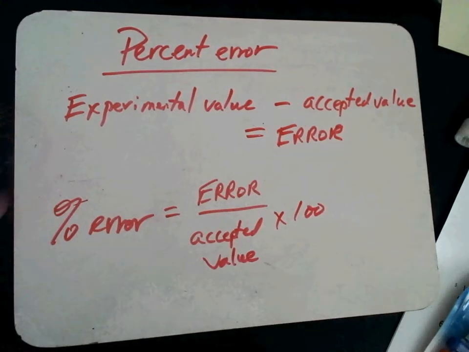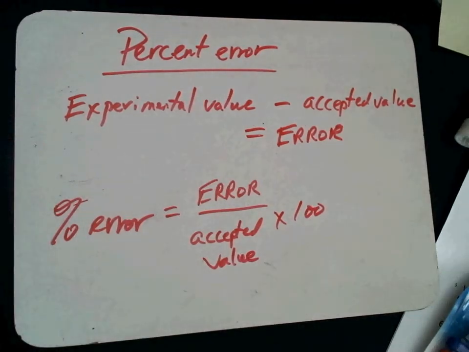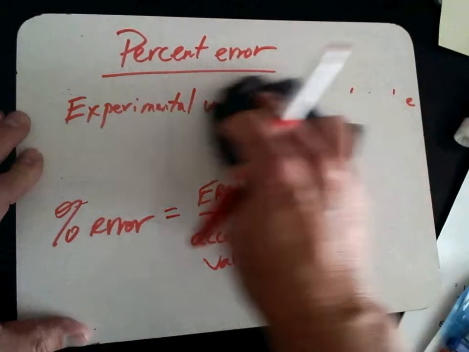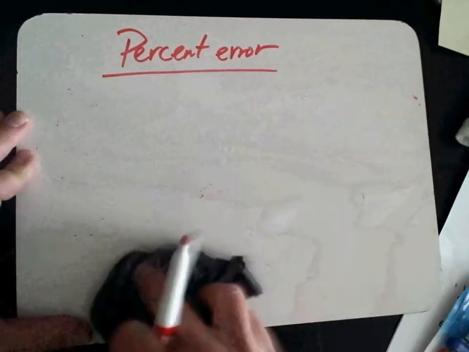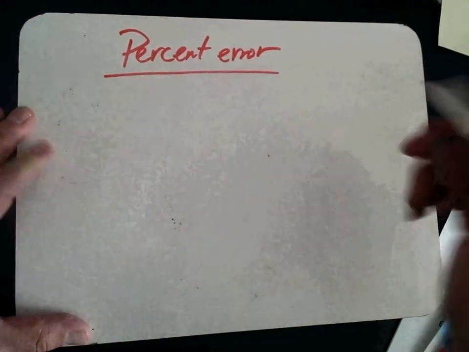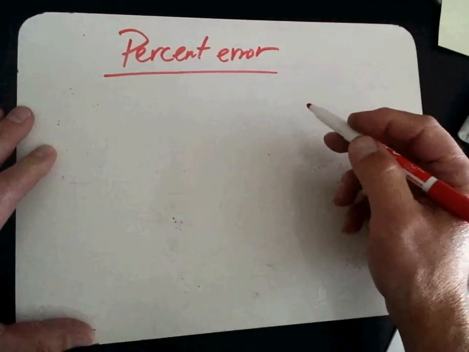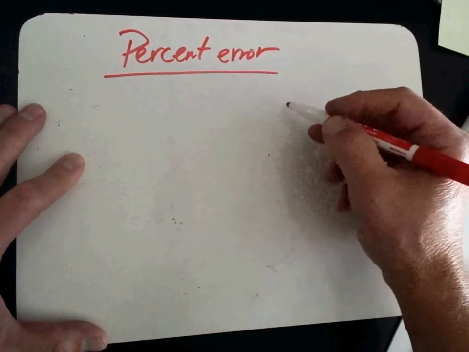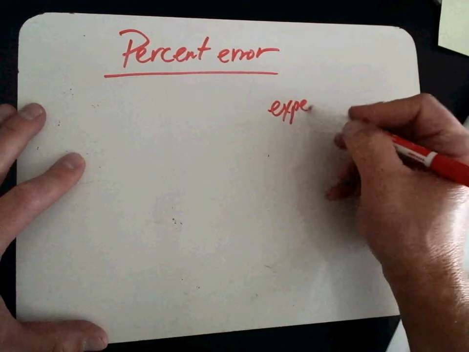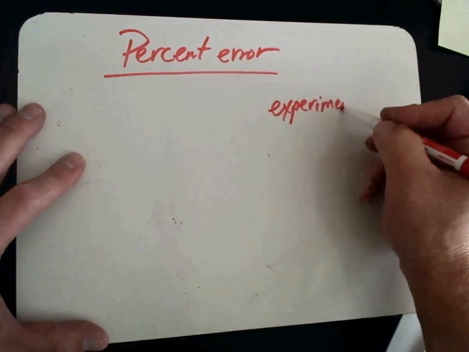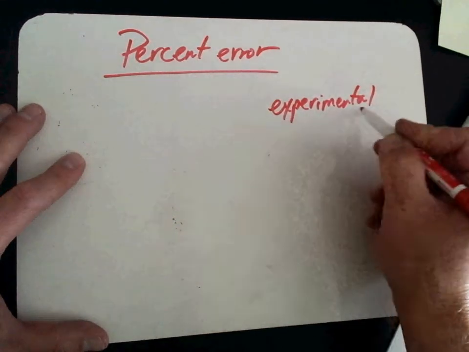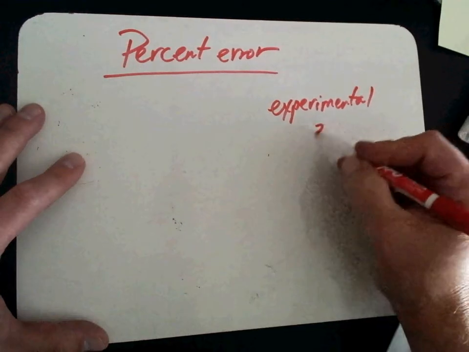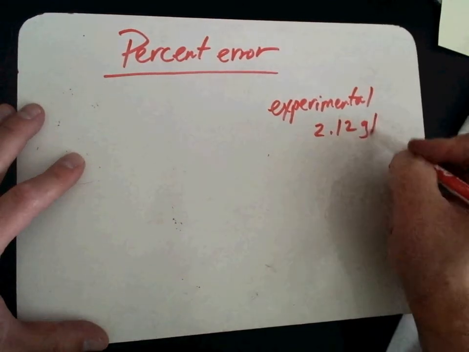Let's say, and these are made up numbers, these are not exactly right, you did the experiment with a metal, and in your experimental data, you came up with 2.12 grams per milliliter.